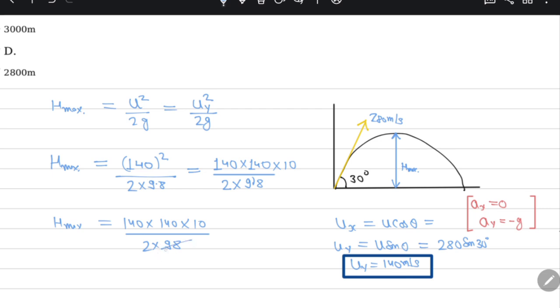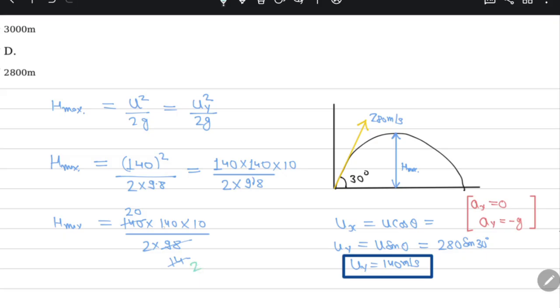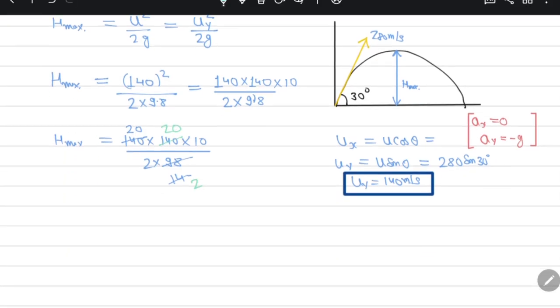So I divide this by 7. This comes out to be 20, and again divided by 7, this comes out to be 2 and 20. See what is left: h max is basically 20 into 20 into 10 divided by 4.